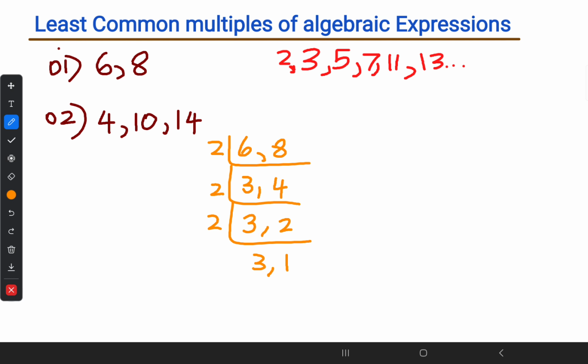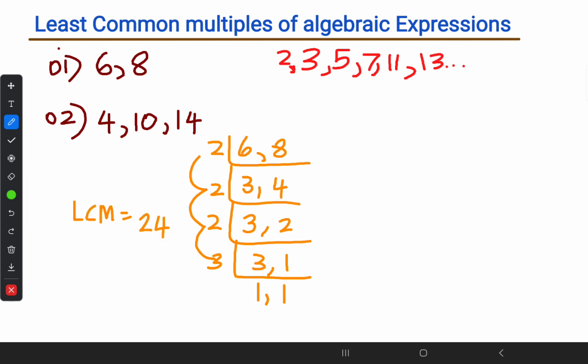Because 4 and 8 are not prime numbers, so we cannot use non-prime numbers in this kind of LCM division. You must use prime numbers. So even though it has more steps, you should use 2. The one and only even prime number is 2. Then let's move to 3. So the LCM is 2 times 2 is 4, 4 times 2 is 8, 8 times 3 is 24.